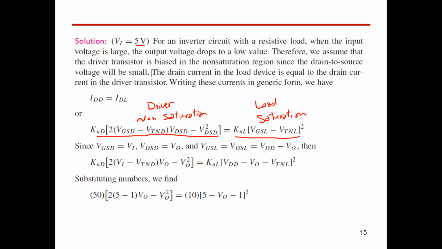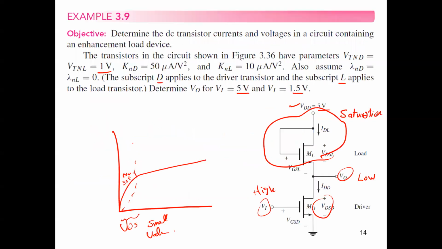Now, just substitute with the values available in our example here. So we can say now VGS of driver equals Vin. Let's go to the circuit here and see that again. VGS of driver, which is this volt, equals Vin. Why?